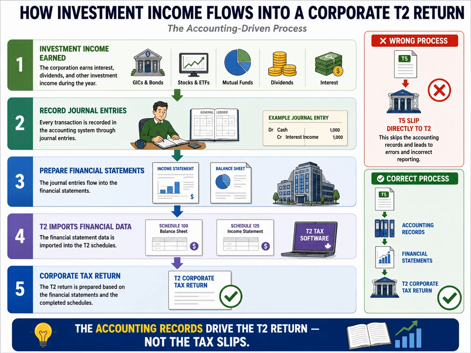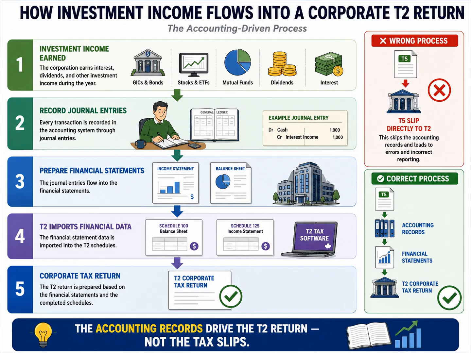Once all investment transactions have been recorded, the information flows into the corporation's financial statements. The income statement reports items such as interest income, dividend income, and capital gains. The balance sheet reports the corporation's investment assets, cash balances, and other financial information. These financial statements are then used to populate the T2 tax software.